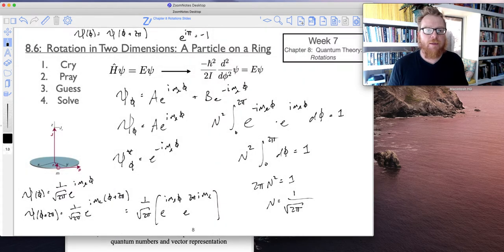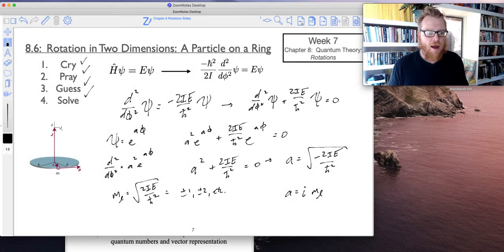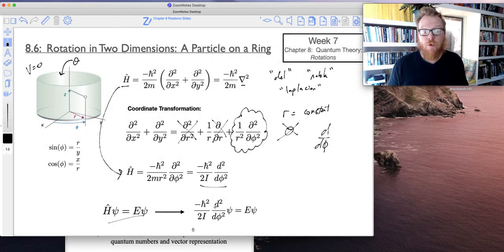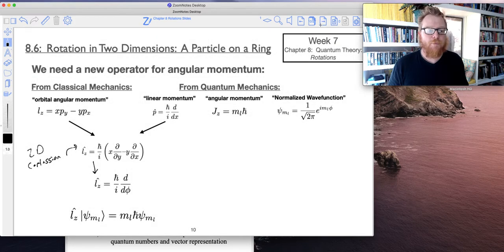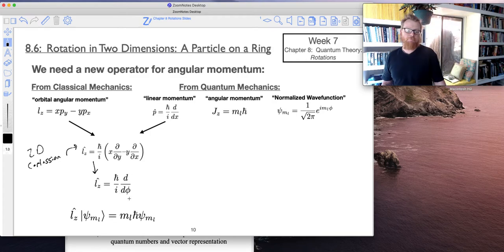Let's back up and look at that one second. The kinetic energy operator, remember, was negative h bar squared over 2I times d squared/d phi squared, okay? Our angular momentum operator is going to be h bar over i times d/d phi, all right?